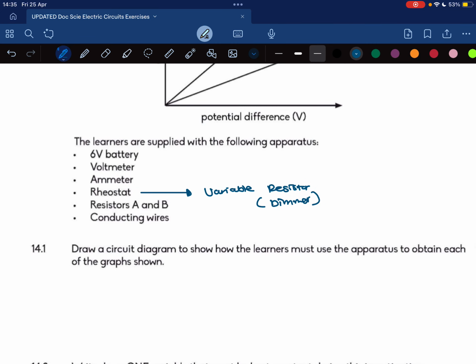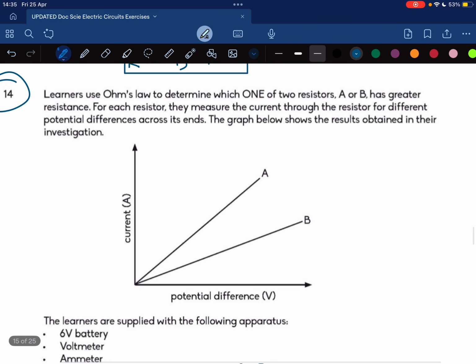So they are trying to use Ohm's law to determine which one of the two resistors, A or B, has the greater resistance. So they measure the current through the resistor for different potential differences across the ends of that resistor.